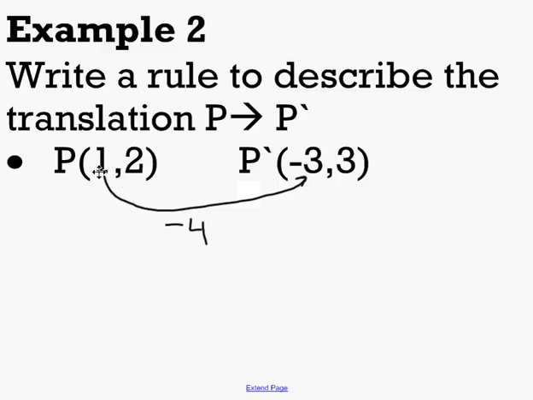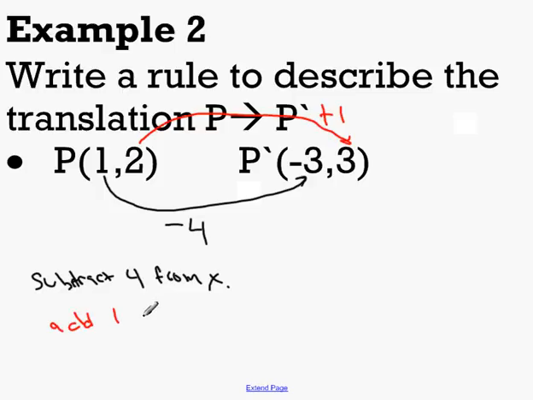So subtract 4 from the x coordinate. I'm going to just write that over here: subtract 4 from x. And then to go from 2 to 3, you have to add 1. So you have to add 1 to y.